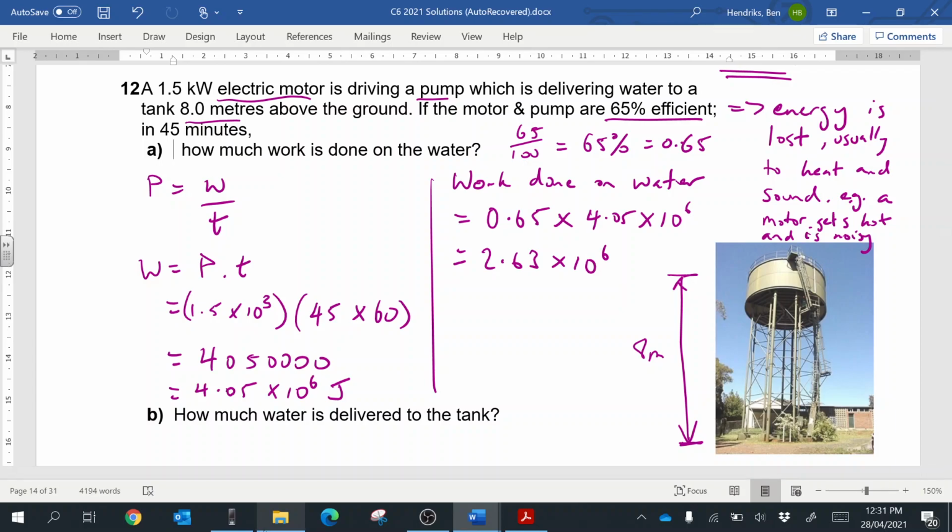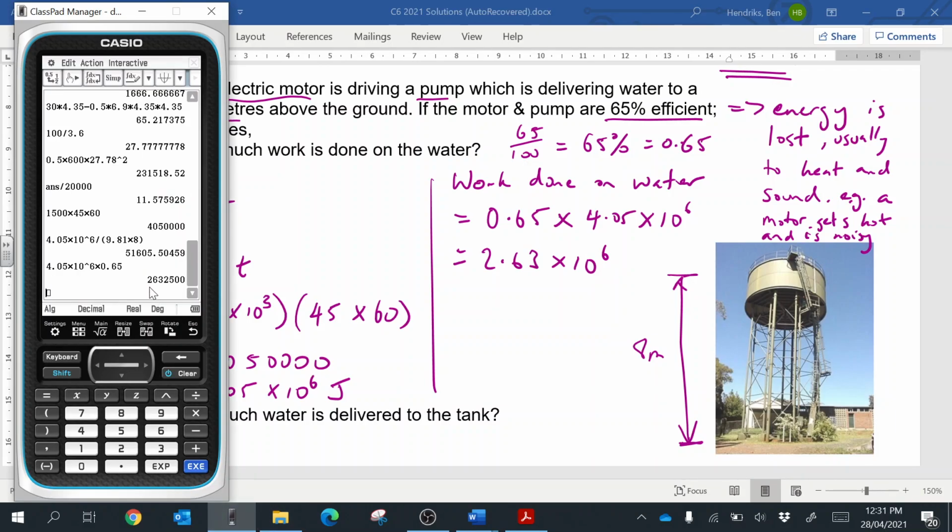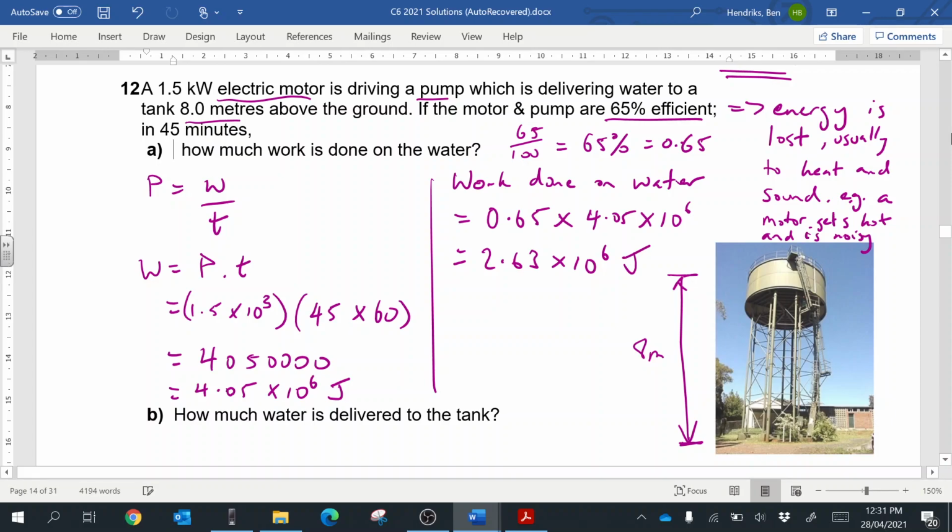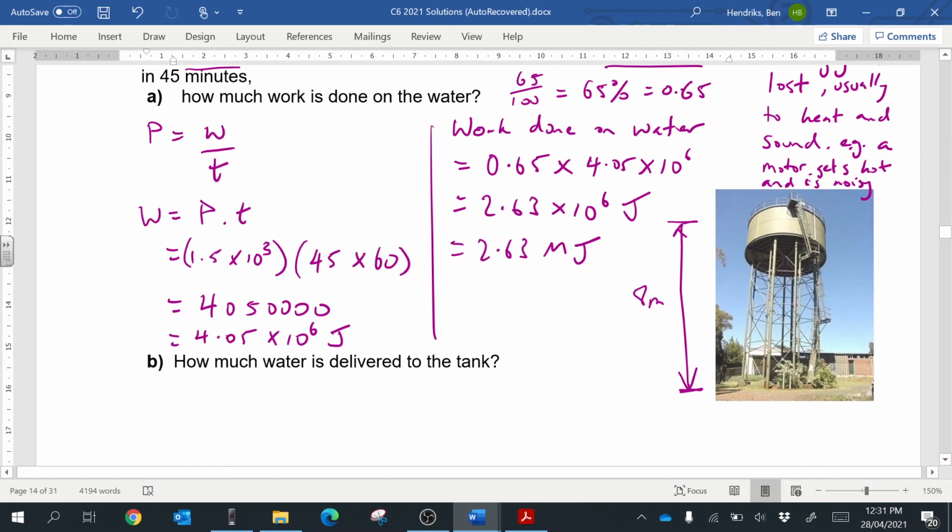You can write the number out in full as well: 2,632,500. And it is still in joules. Just a side note, that is equal to 2.63 megajoules. You might have heard of megajoules. We've heard of kilojoules and kilowatts and things like that. If we have a 10 to the 6, the prefix for that is mega.